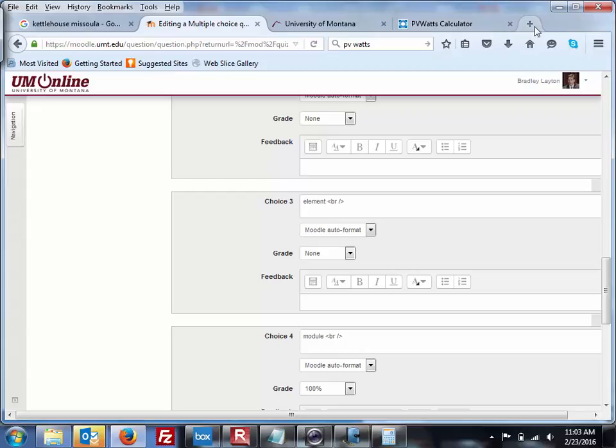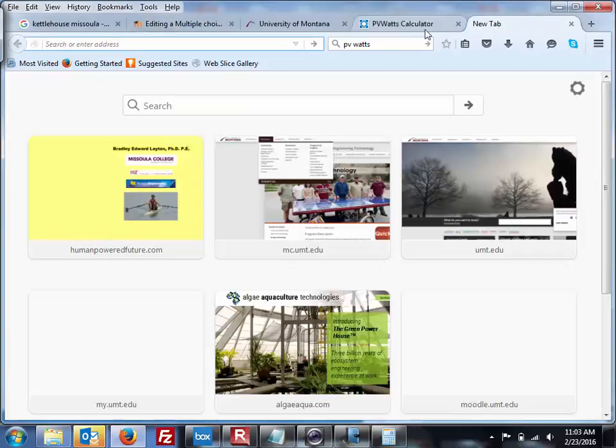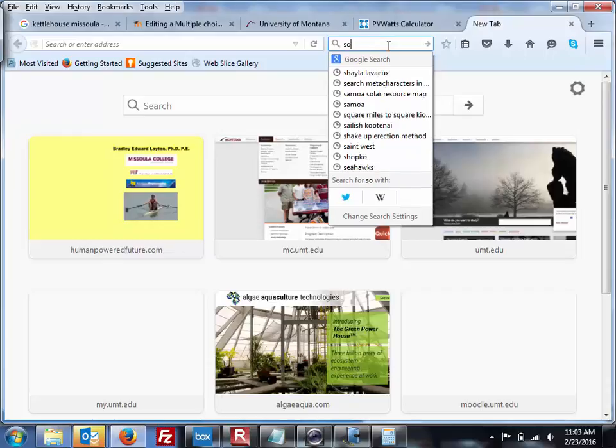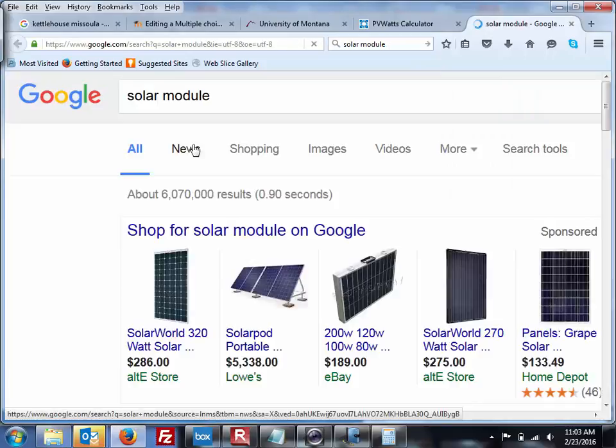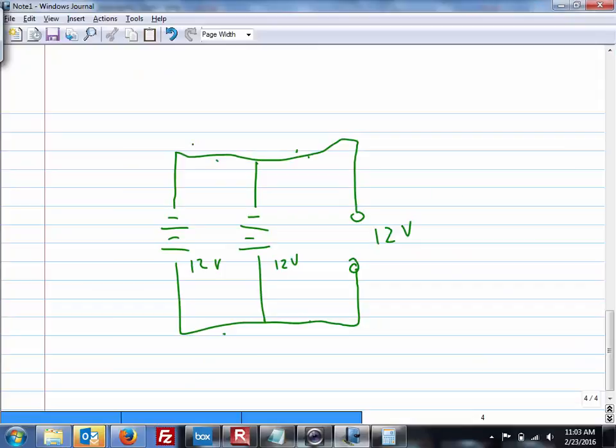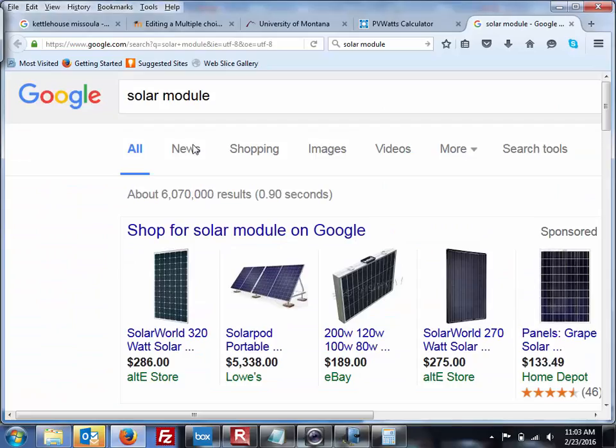The word panel isn't there, but panel equals module. You don't hear that too much. And then an array is just a series of modules? I think even if you've got 2 modules, that's an array. It's a pretty small one, but yeah.